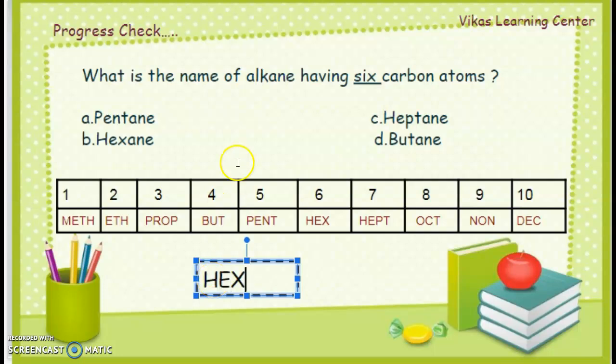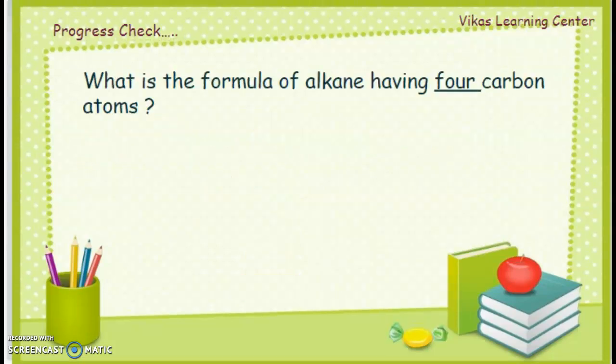And as the question asks for the alkane, the suffix will be A-N-E. Hence the name goes as hexane. Option B is the correct answer to this question. What is the name of the alkane having 6 carbon atoms? That is hexane.